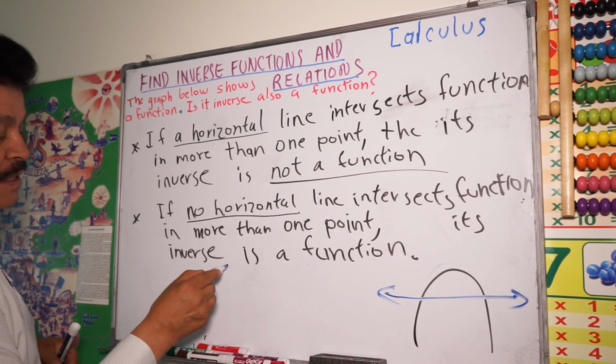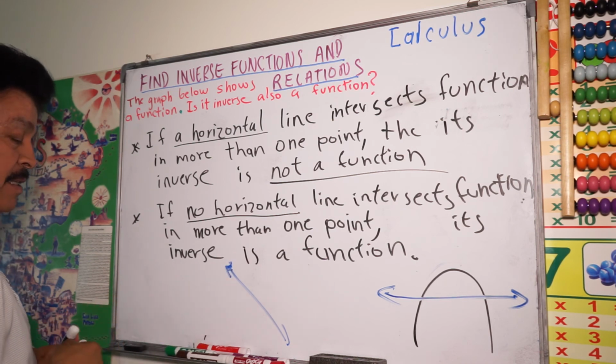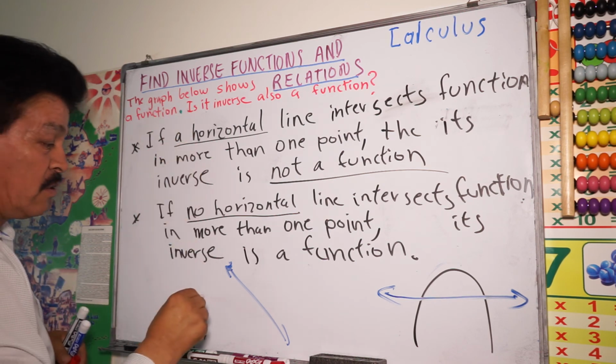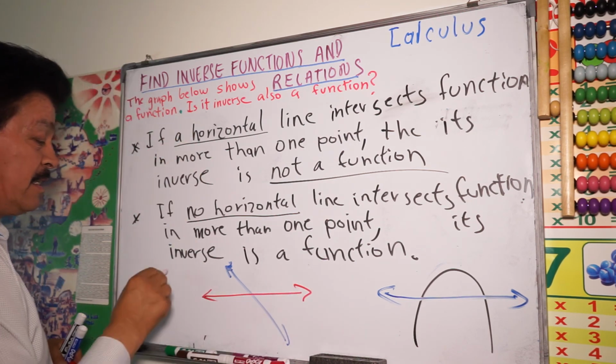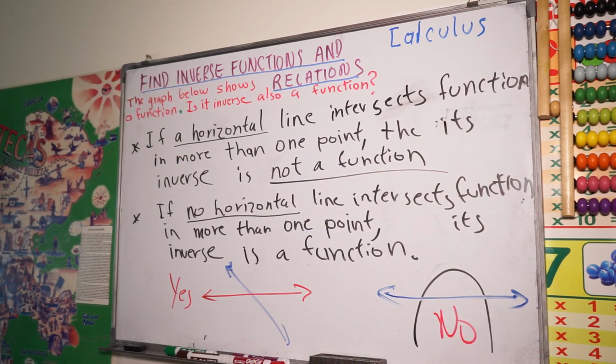When the graph is this way, for example, and you draw the horizontal line, this is yes, right? This is no, right? This shows the concept.